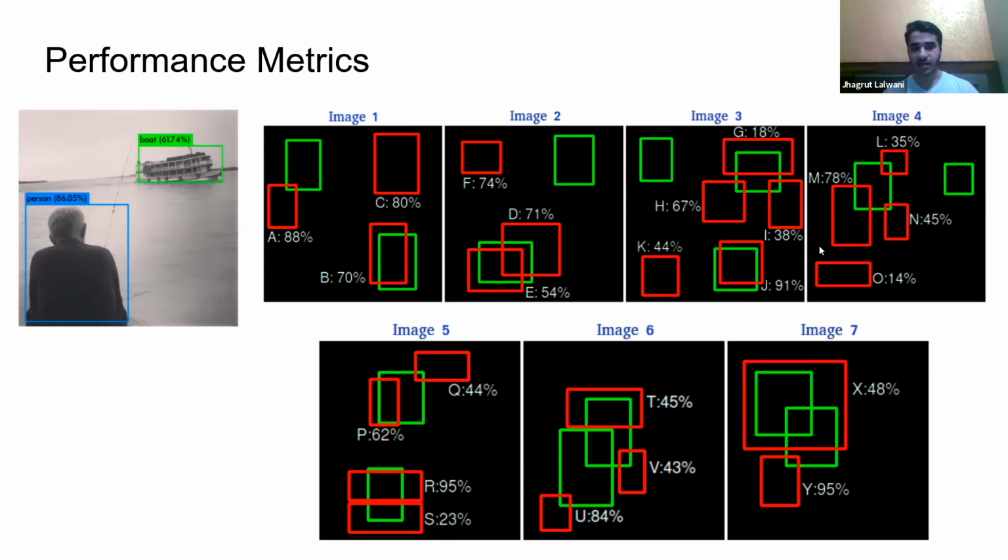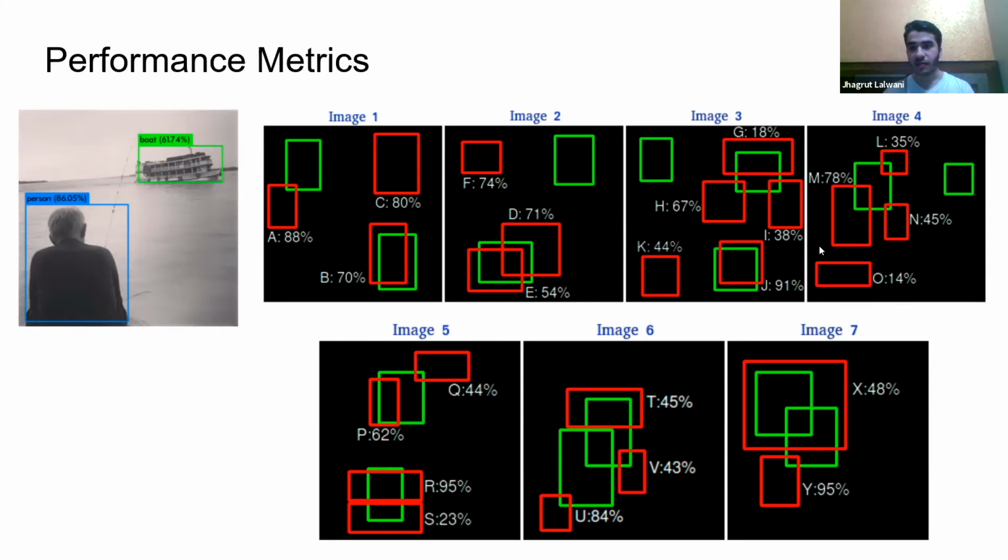True positive, as I mentioned, should match the threshold with respect to the ground truth bounding box. False positive is an incorrect detection of a non-existent object or a misplaced detection of an existing object. As you can see in image 1, the C is a misplaced detection, so it is a false positive. A false negative would be an undetected ground truth bounding box.